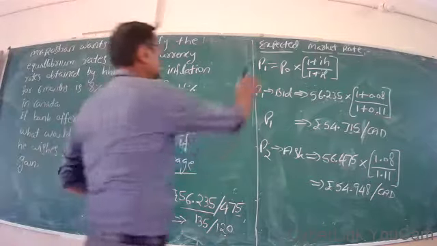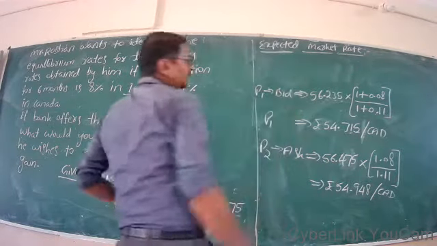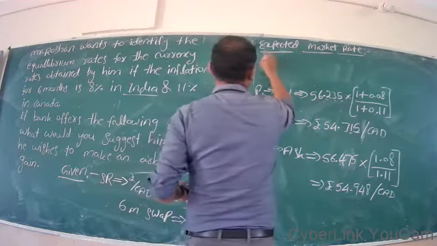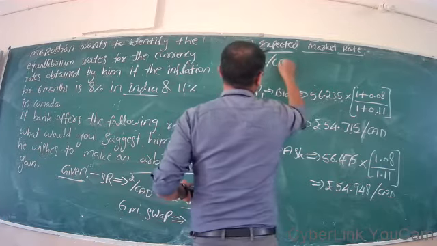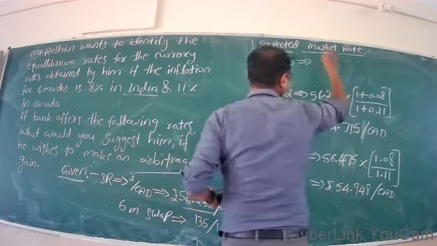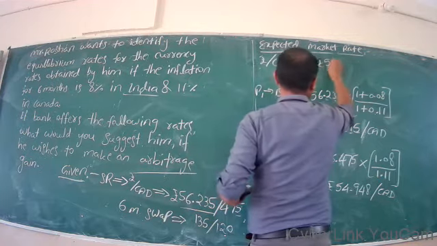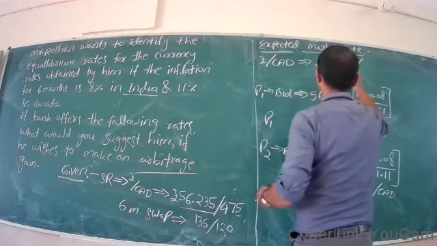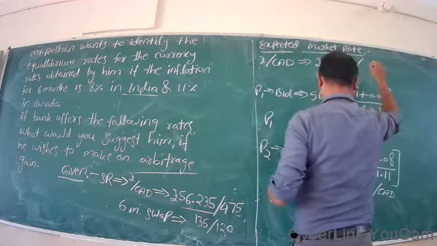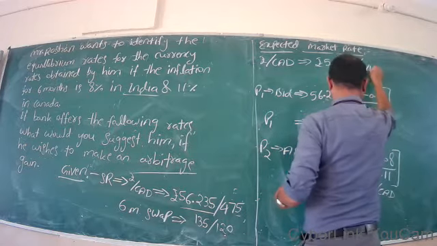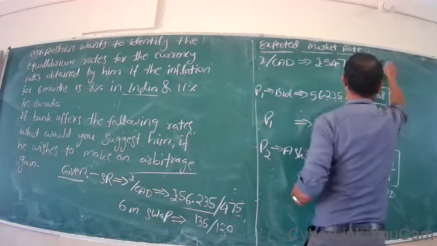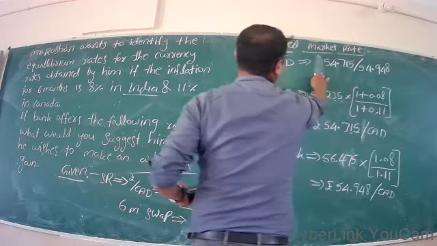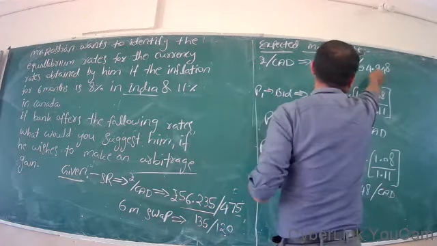We have calculated the expected market rate by adjusting inflation in both countries. Rupee per Canadian dollar, 54.715 is the bid price and 54.948 is the ask price.